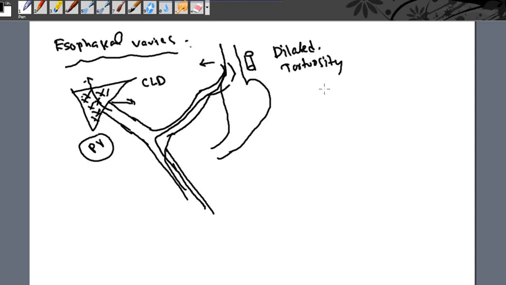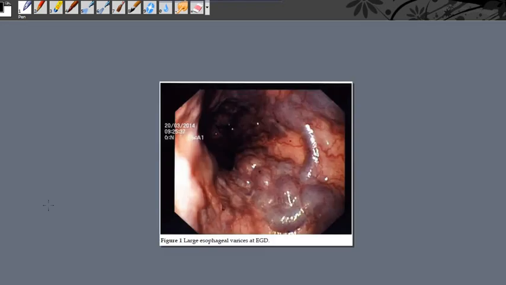So what is esophageal varices? You can see a picture from Google. In esophageal varices you can see this lower end of the esophagus, and there are dilated submucosal veins.